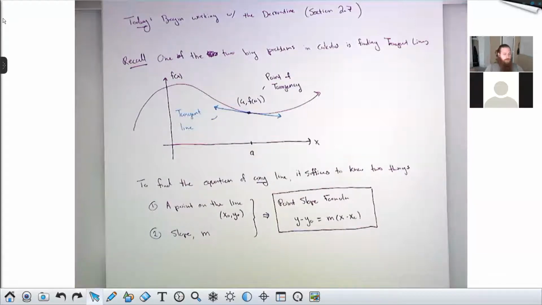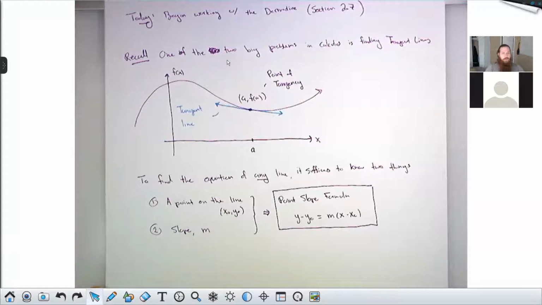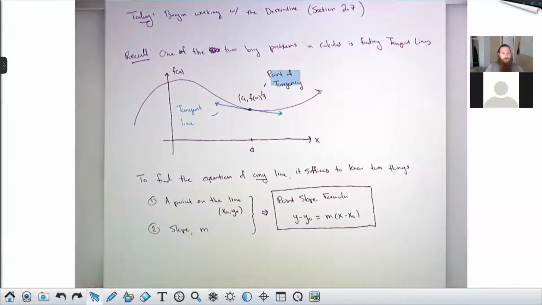And when it comes to finding tangent lines, the point is going to be the point of tangency. The slope is going to be the trickier thing to figure out.